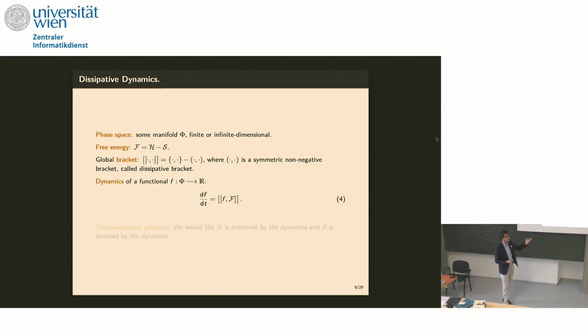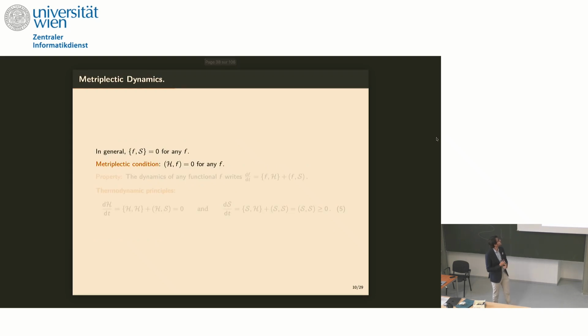Of course, this is very similar to the previous and usual Hamiltonian dynamics, but now we add some degrees of freedom because we have this more general bracket, which will introduce a symmetric part. And now we would like to have some thermodynamic principle. We would like to conserve energy, and we would like to increase the entropy because this is what we expect from a physical system. So for this, we will make some hypotheses on our bracket.